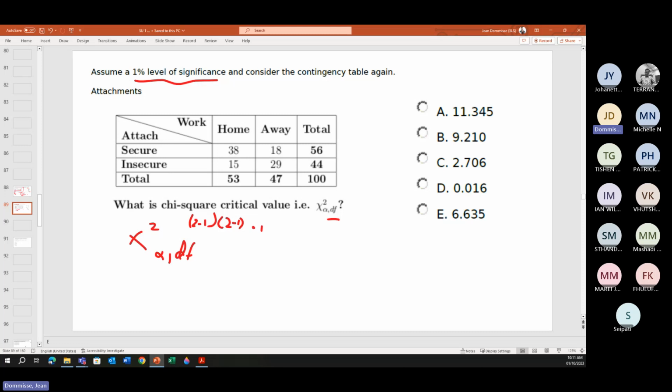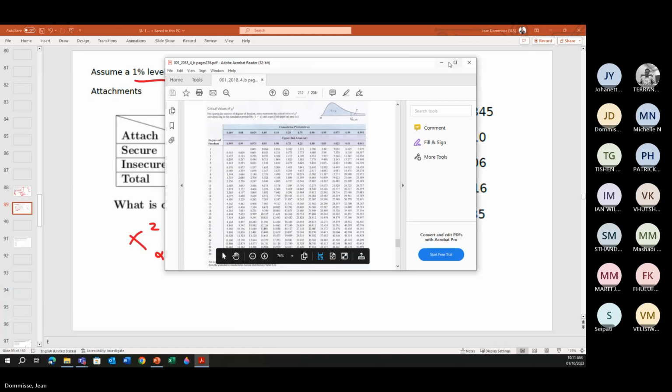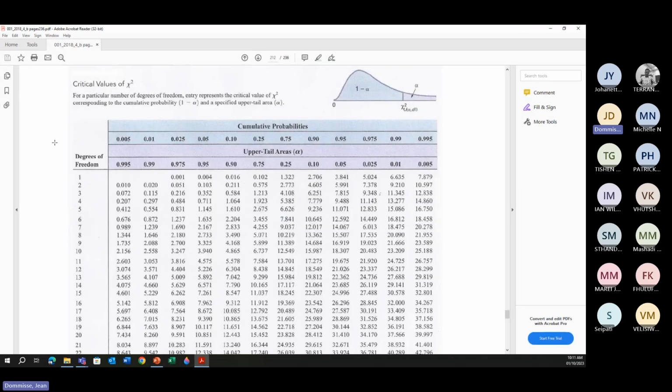So already when we go to the table, our degrees of freedom was 1. Okay, so degrees of freedom 1, so we're working within this table, in that first line that we're going to work with.